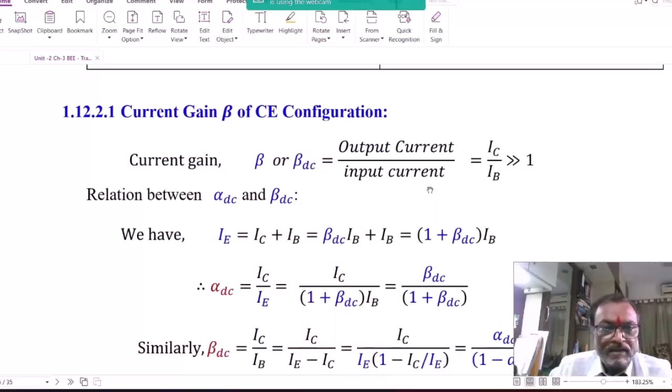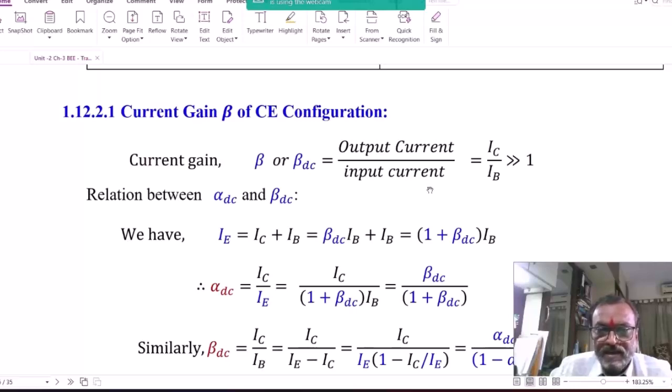The current gain in CE configuration is denoted by the letter beta or the symbol beta DC, and it is defined as the ratio of output current to input current. The output current is IC and the input current is IB.